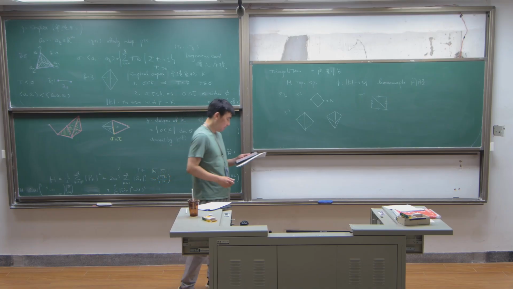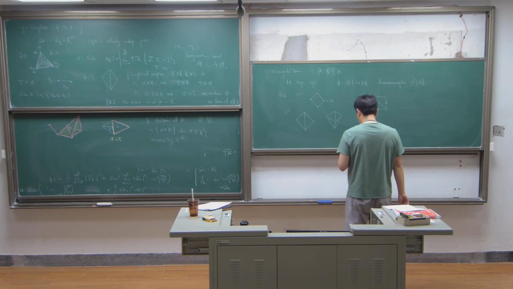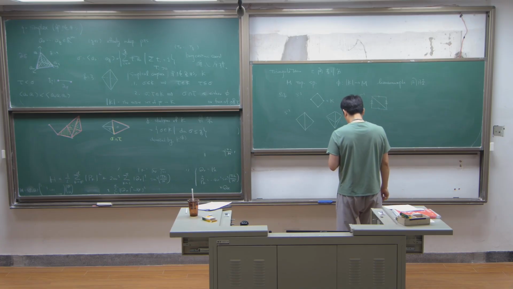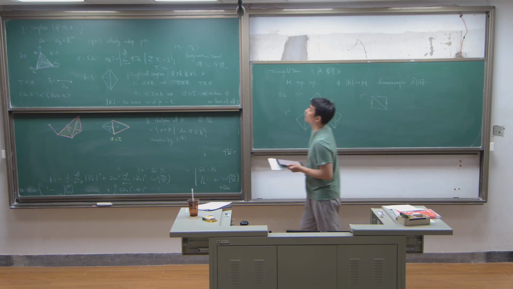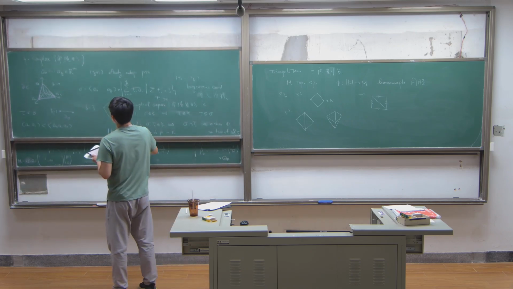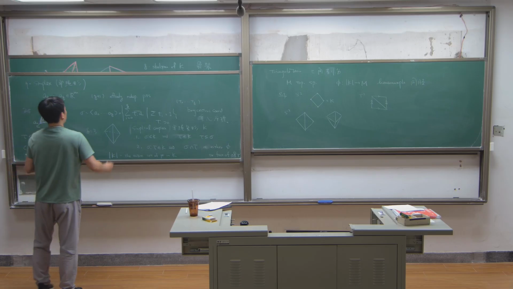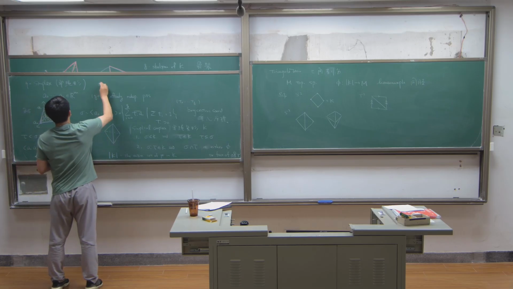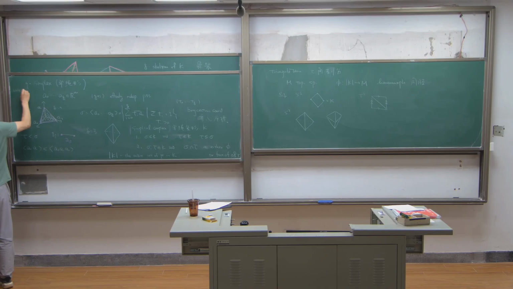And then we will define a chain group of K. We need to talk about the q-simplex, and you can also consider an oriented q-simplex.